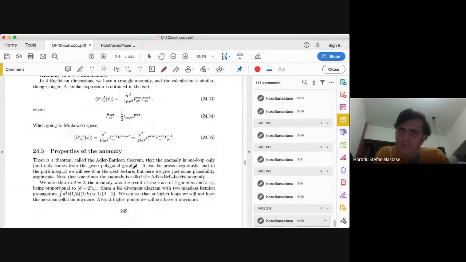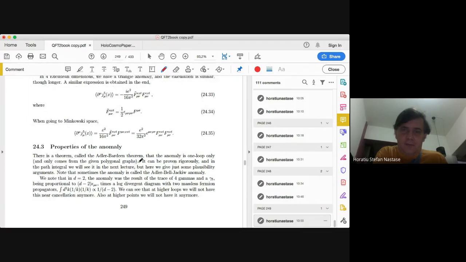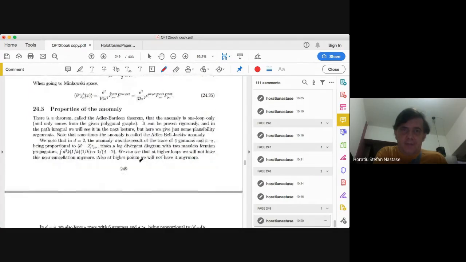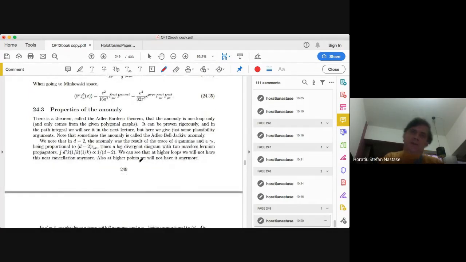But this theorem tells you that this is supposed to be true at all orders and non-perturbatively as well. Here I'll just give some plausibility arguments, just to see that it's consistent to be like this, but not that it actually is like this.